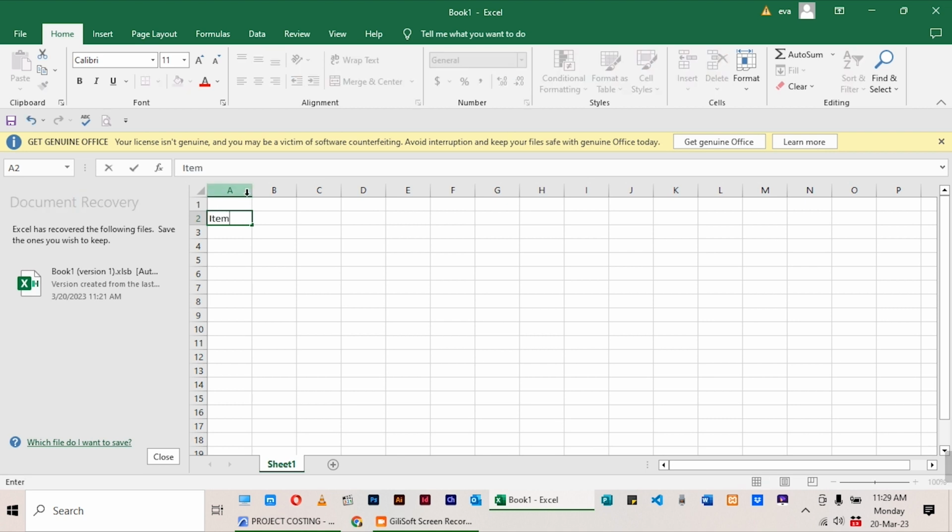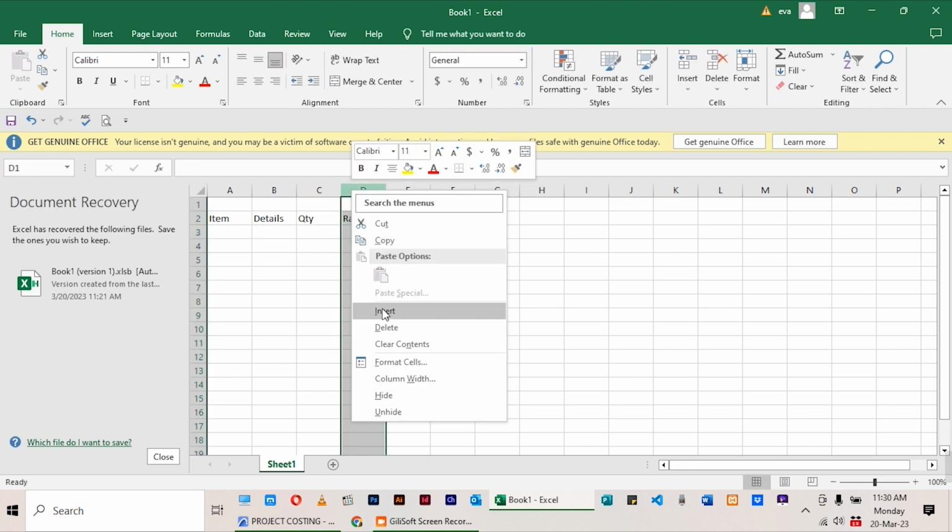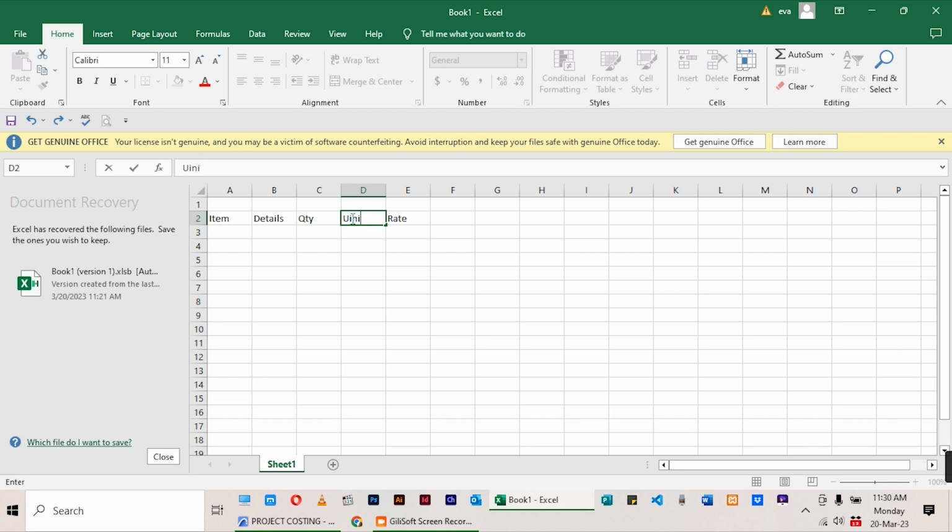Titles: you can have an item, details, quantity, rate, units, and then the amount. And then we'll need a subheading here. Let's start with the floor.